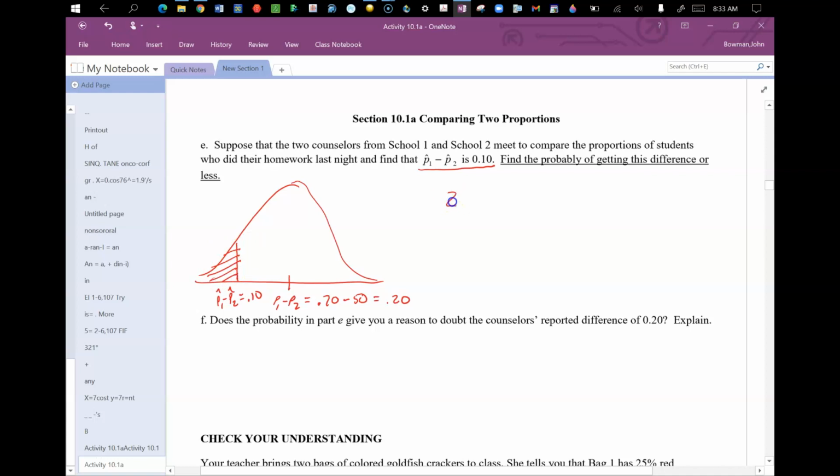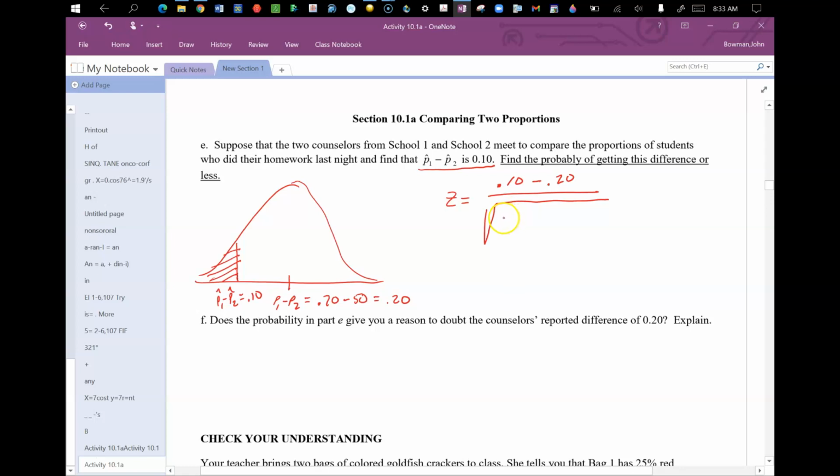Essentially what we're doing is finding a z-score because we know that the distribution is approximately normal, and that z-score would be the value we obtained minus the true mean, 0.20, over the standard deviation. Again, we're assuming that we know the population proportions, which isn't entirely realistic.